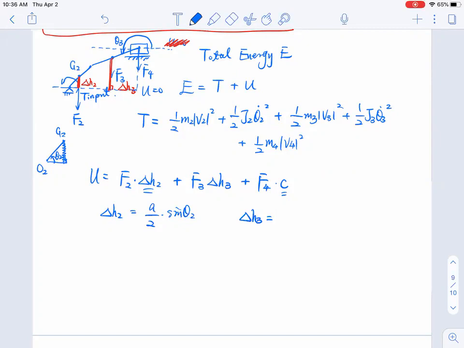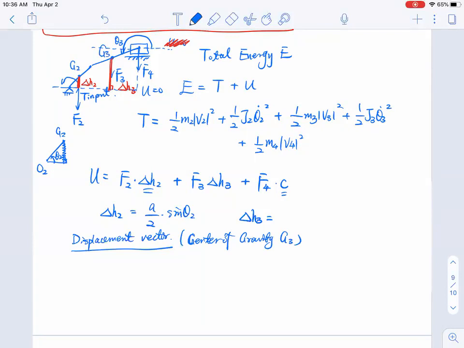If you have more than one link involved in the path, then my suggestion is to go back to your displacement vector. You need to find the displacement vector for the center of gravity G3. Okay, that's our G3.